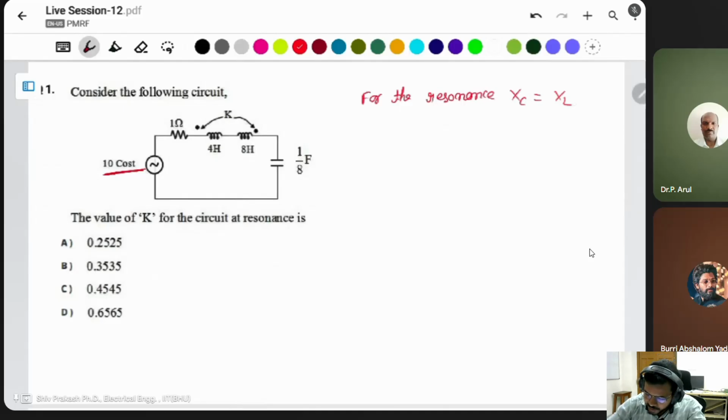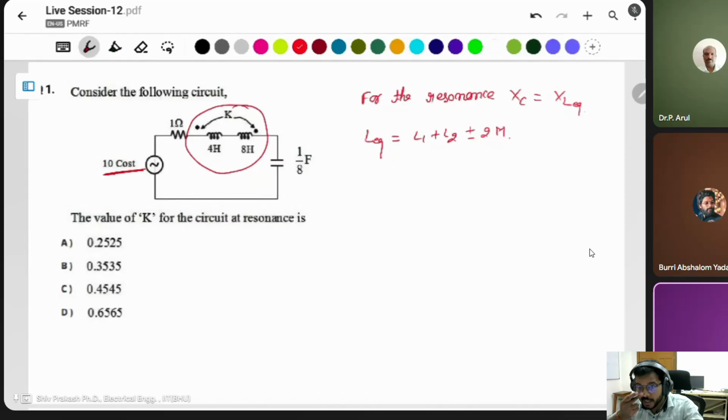In this case, I take the equivalent, not XL only. Then what is the equivalent inductance? There are two conditions. L equivalent for the series connection is L1 plus L2 plus or minus 2M.